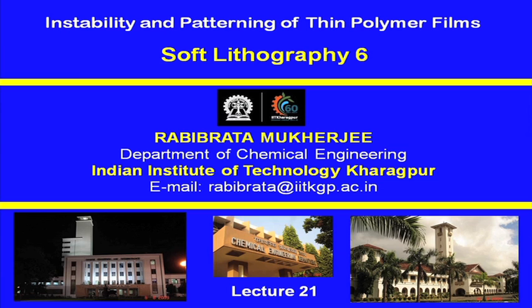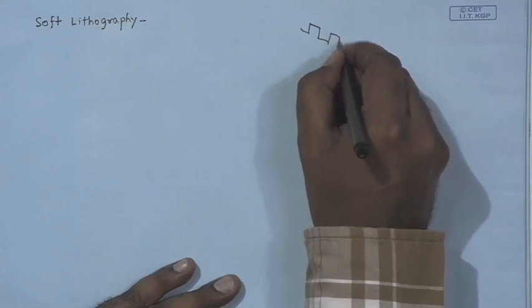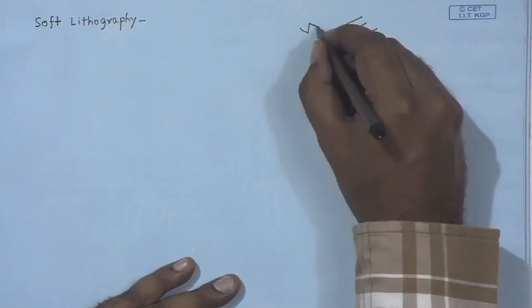Now, right at the beginning of this course, we discussed the difference between a topographically patterned surface and a chemically patterned surface. A topographic pattern essentially has a physical contour on the surface. It can be something like a grating in the simplest form, or more complex patterns.